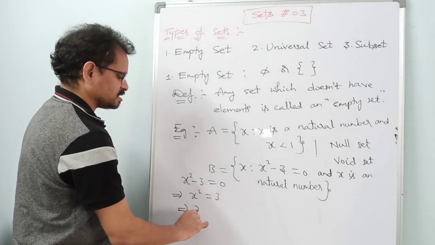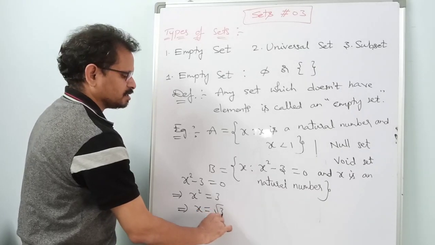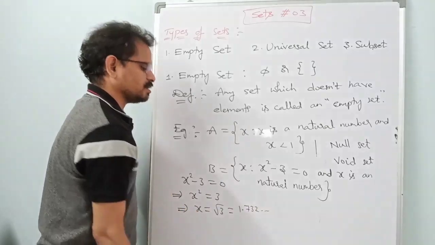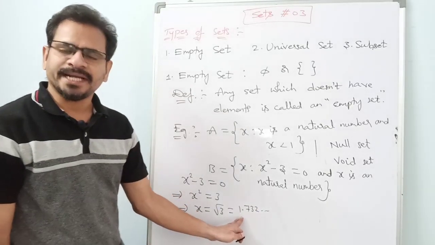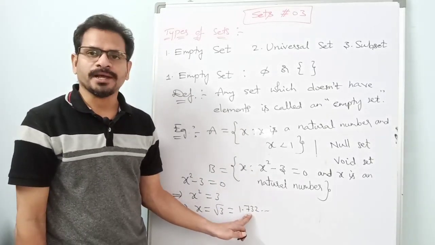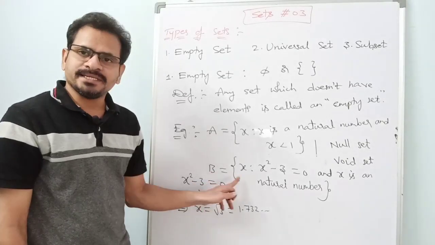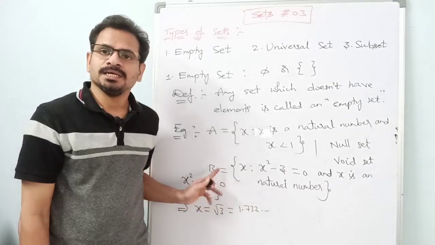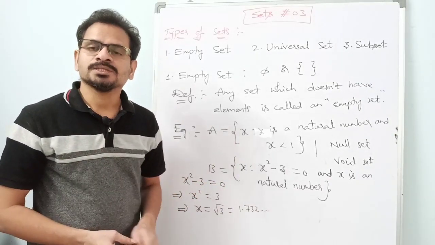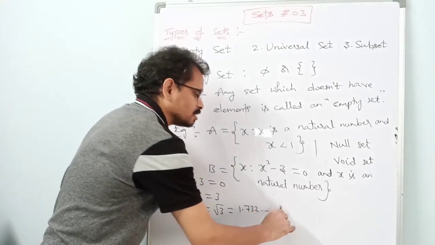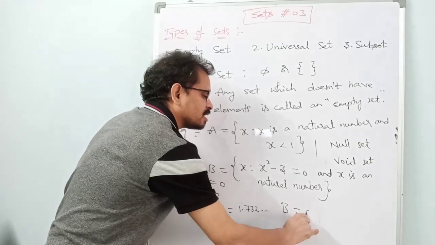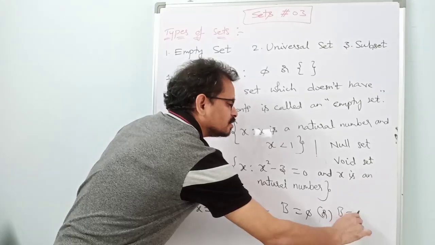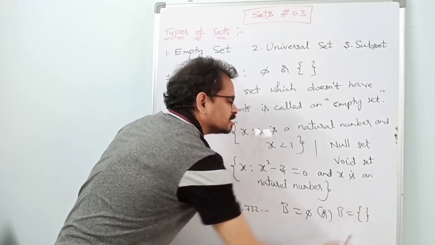That implies x equal to how much? Square root 3, that equals 1.732 and so on. Is it a natural number? No, it is not a natural number. Does this set B contain any elements here? No elements. According to this condition, B is not having any elements. So what is B here? B is also an empty set. So we can write B equal to this, or B is equal to like this.